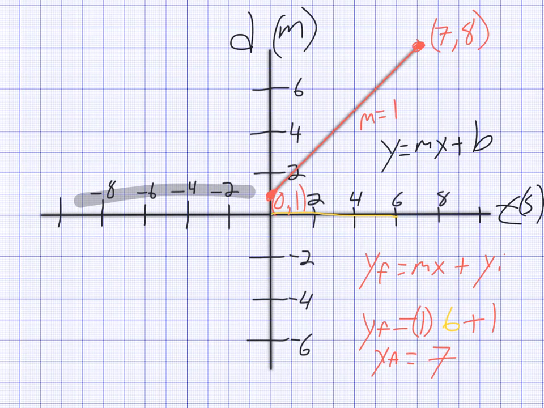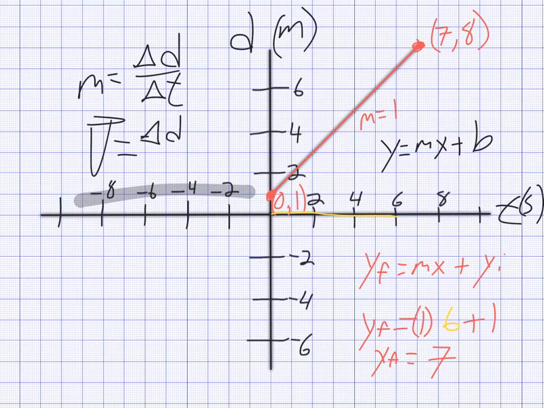And so if our slope is equal to our change in distance over our change in time, well, that's exactly like velocity. Velocity is equal to a change in distance, also known as a displacement, over time, right?